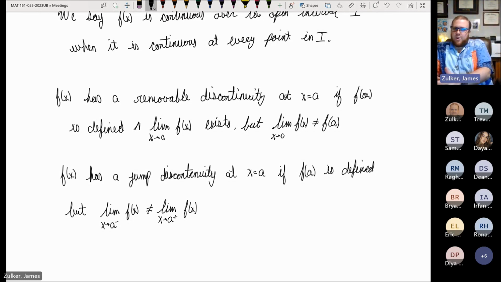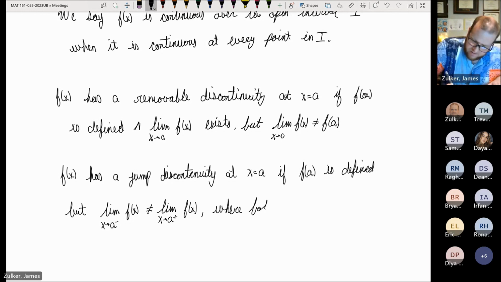A jump discontinuity occurs when f of a is defined, but the two one-sided limits are not the same. I should specify that both the limits exist.